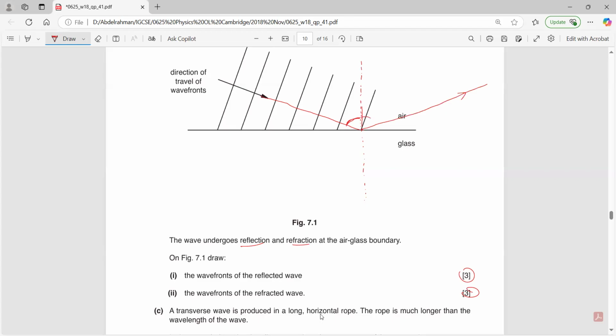Angle of incidence equals the angle of reflection, I equals R. Second, you need to draw at least 3 wavefronts, which are perpendicular to this direction. They have to be perpendicular.